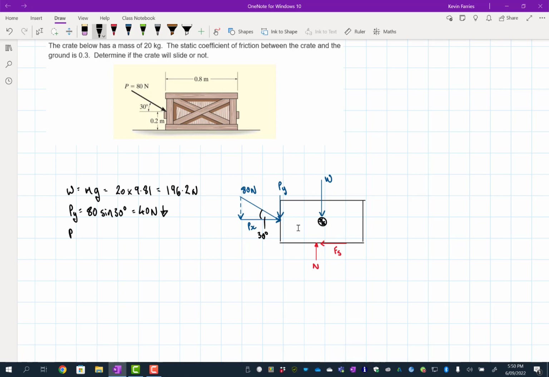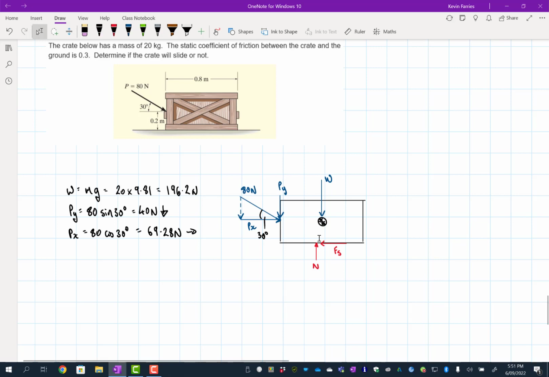And then Px is equal to 80 cos 30 degrees, which is 69.28 newtons, and it's going left to right.